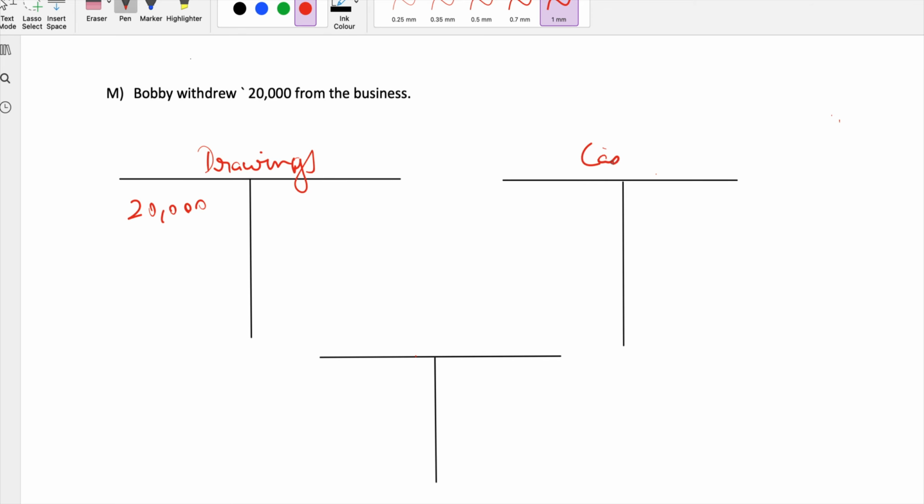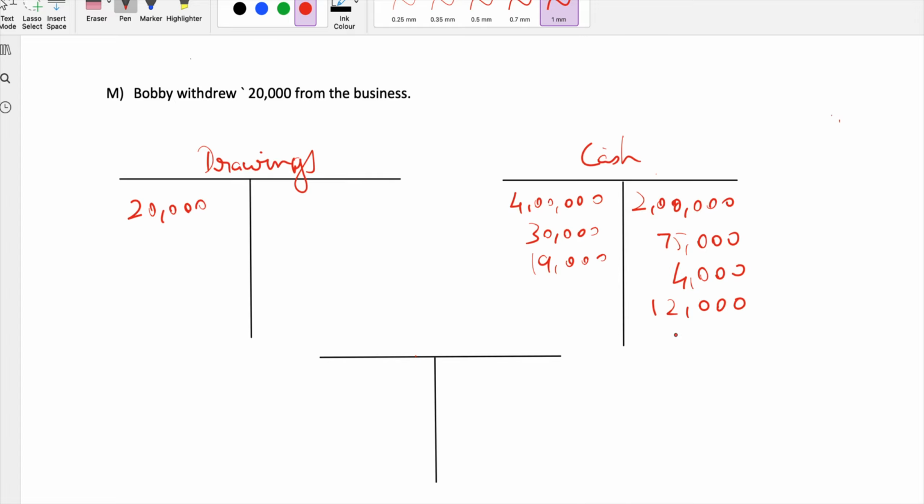And if you see the cash account, 75,000, 4,000, 12,000, and there is a decrease in asset. 20,000 is credited. Okay.